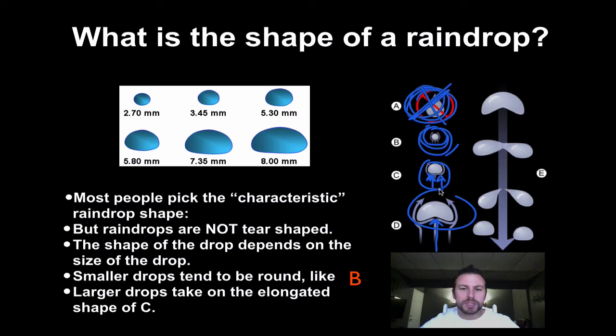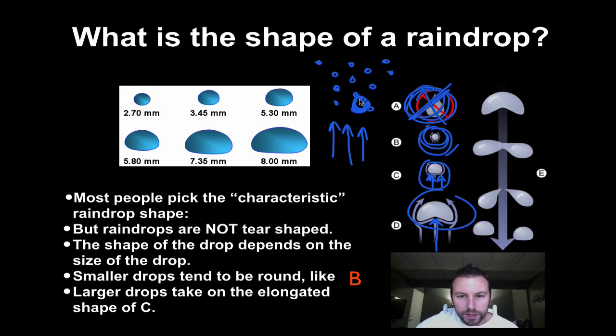The raindrops themselves form from the constant accumulation of drops. So remember, a cloud is nothing more than water vapor that is condensed around condensation nuclei, and they're held up in the air by these air currents going upwards at low pressure. Well, if this droplet hits into this one right here, it'll form one bigger drop.